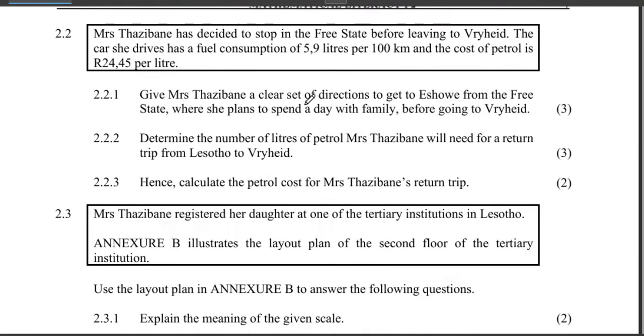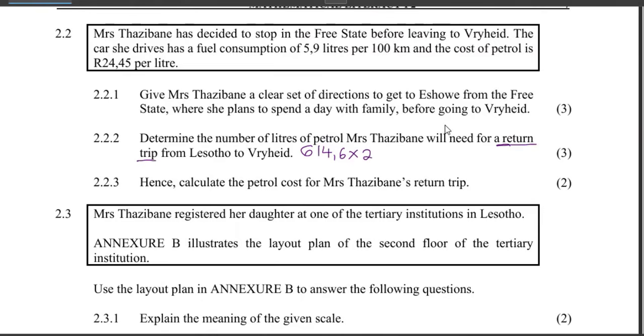Had it been question number 3, it would have been different, but it's still the same person. So the distance we are looking at is 614.6 kilometers. We need to multiply this by 2, because we are looking at a return trip.